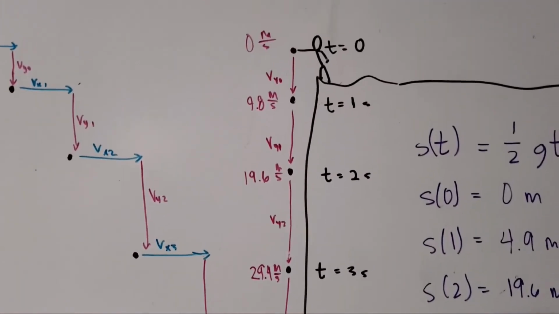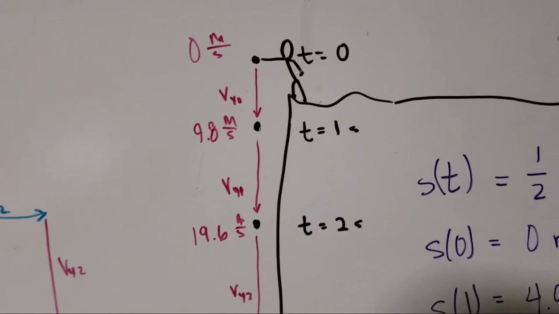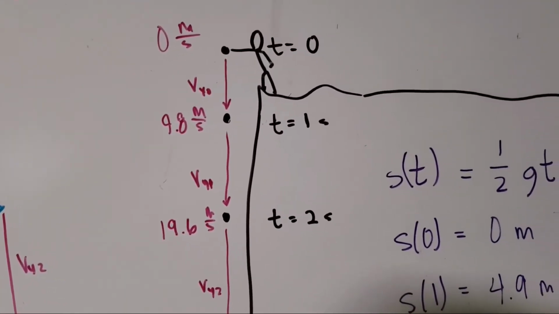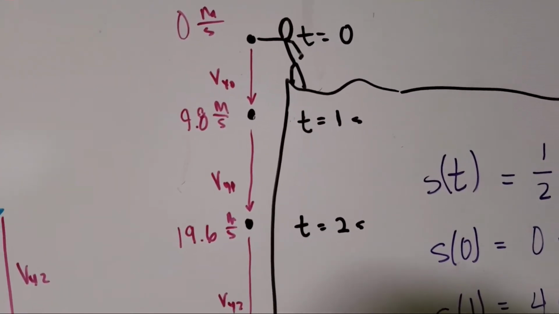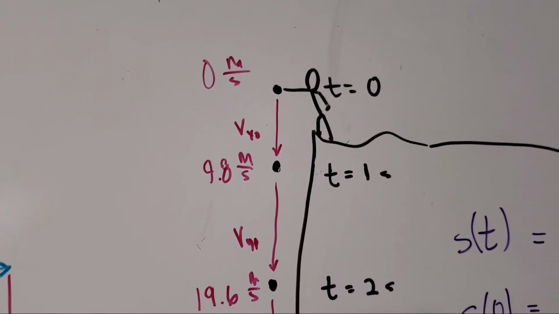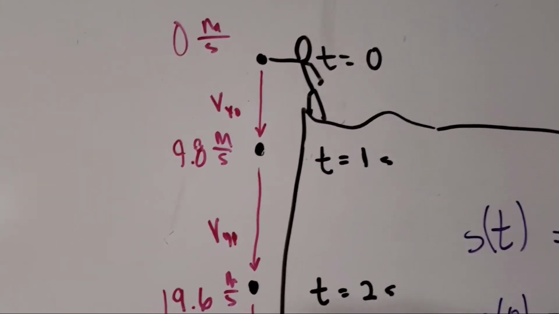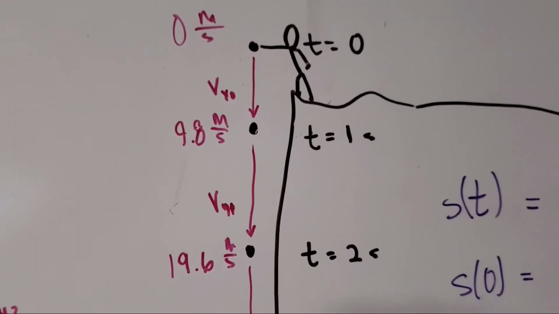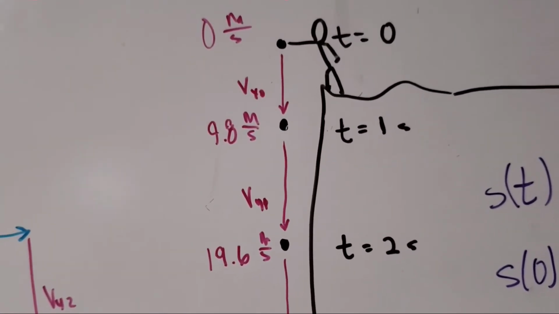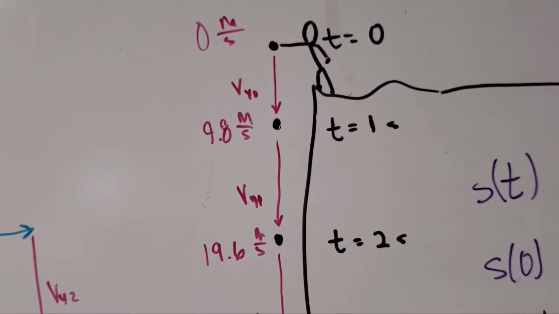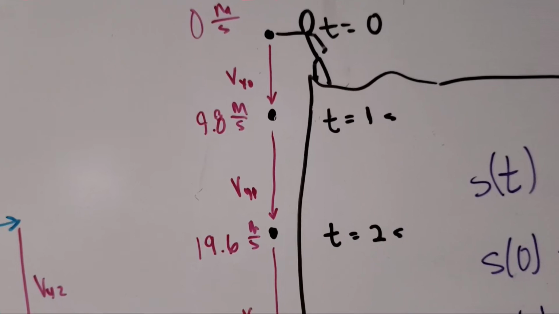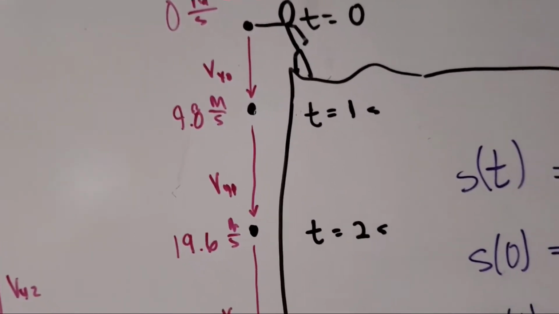So we'll look at the velocities first with this straight up vertical example. Let's start at 0. At t equals 0, the ball is going 0 meters per second, and then after 1 second, the ball has increased its velocity to 9.8 meters per second. That makes sense. The acceleration of gravity on Earth is 9.8 meters per second every second.